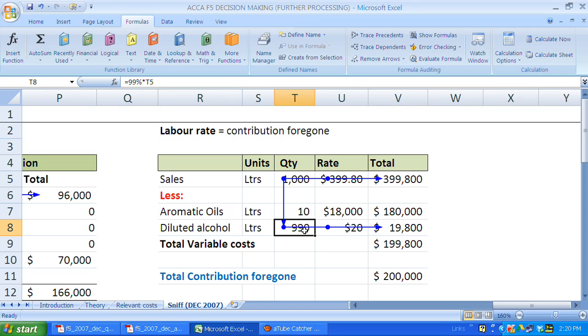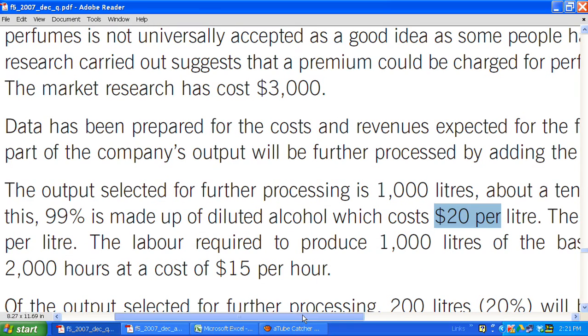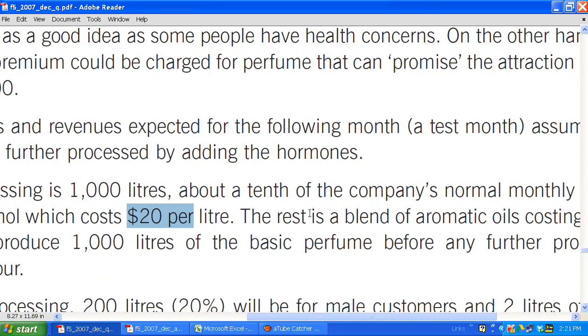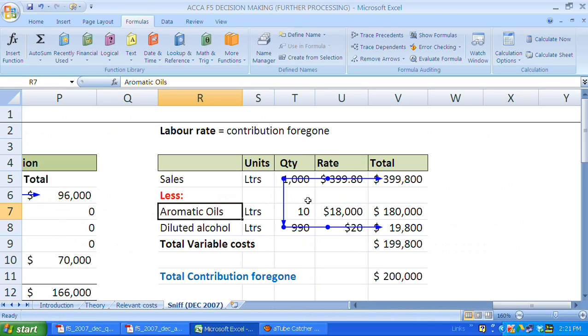So if 99% is diluted alcohol, the other component is aromatic oil, which is right here. The rest is a blend of aromatic oils costing 18,000. The rest, which is 1%, so that the sum of these two is 1,000.